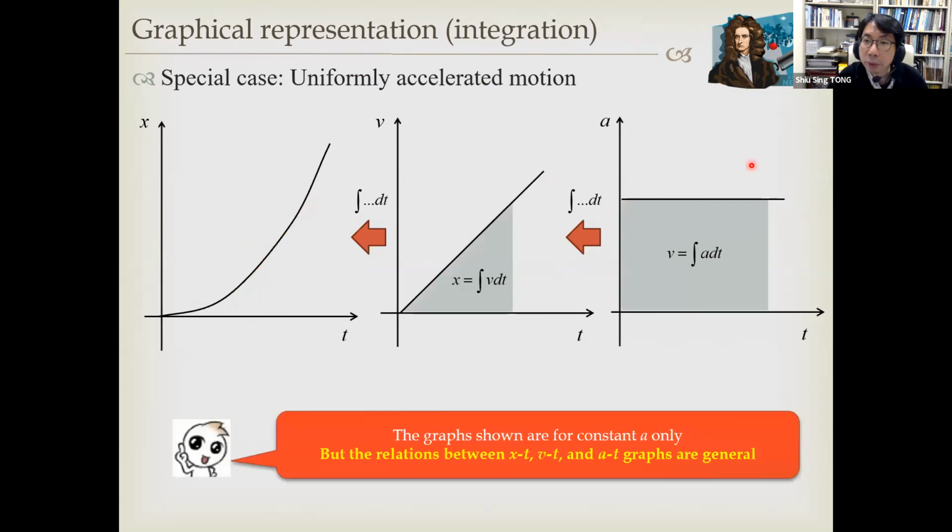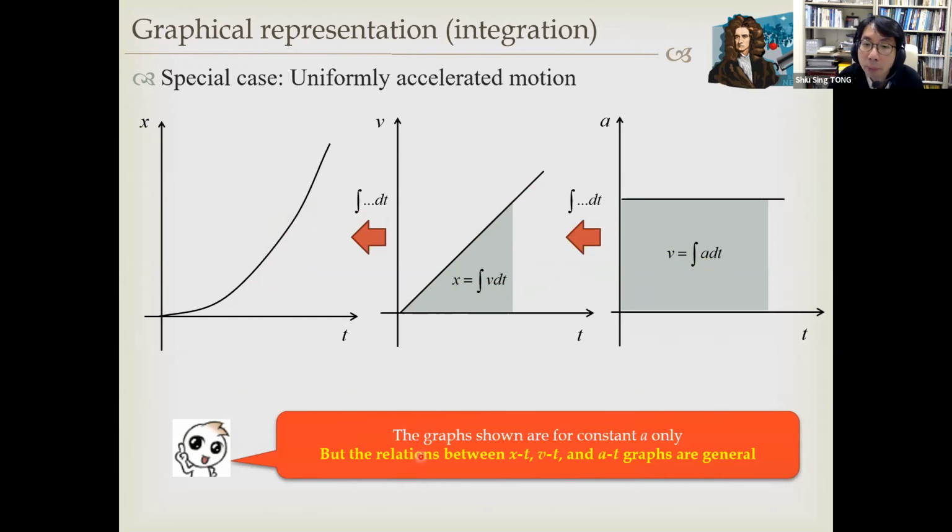But you can also go back. If you are given a constant acceleration and you calculate the area by doing integration of a, you get the velocity as a function of time. And if you find the area bounded below by the velocity graph, you do an integration of v, you go back to the displacement x. So by doing successive integration, you go back from a to v to x.